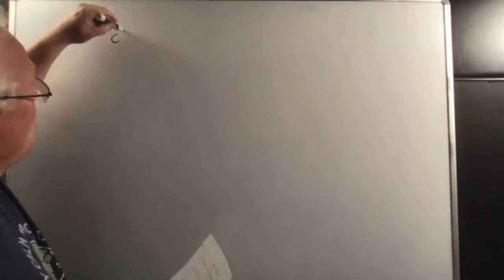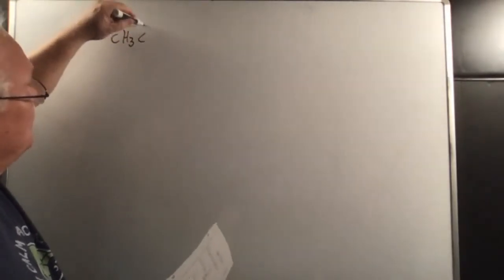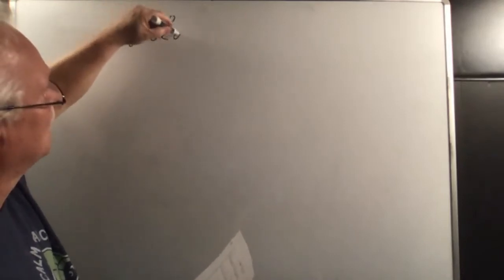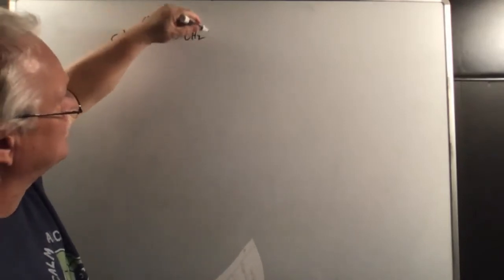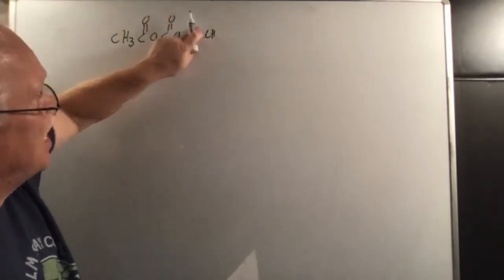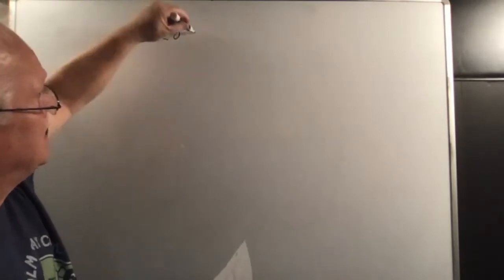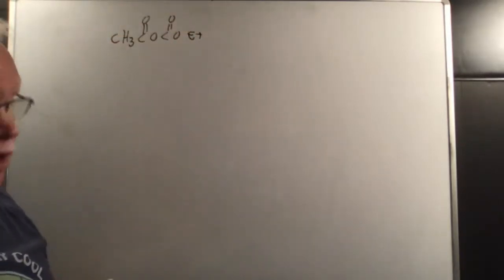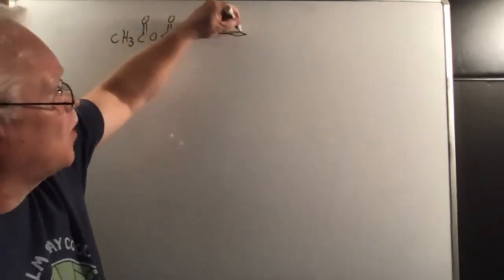So we're going to start with this compound here. Sometimes chemists get lazy and write this ethyl group just as Et, okay? If you want to do that on the test, that'll be fine, or you can write it out.